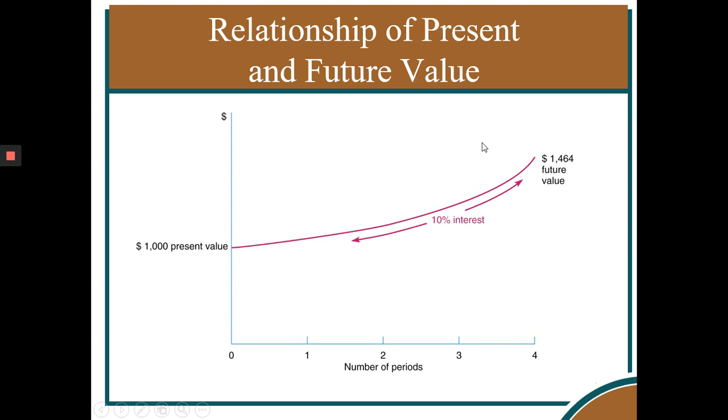So this is forward, this is backward. 1,000 increasing in value into 1,464 is called compounding, and 1,464 going back to 1,000 is discounting. So present to future is compounding, and from future back to present is called discounting.